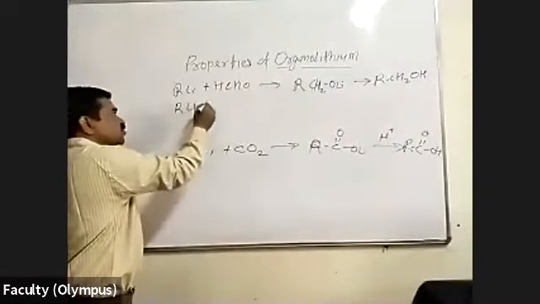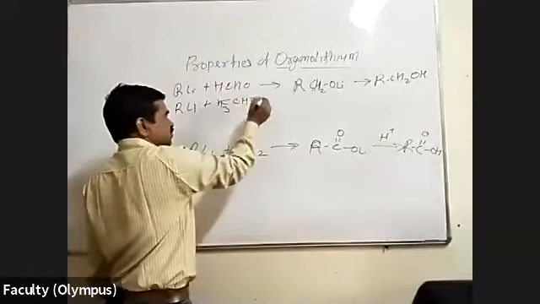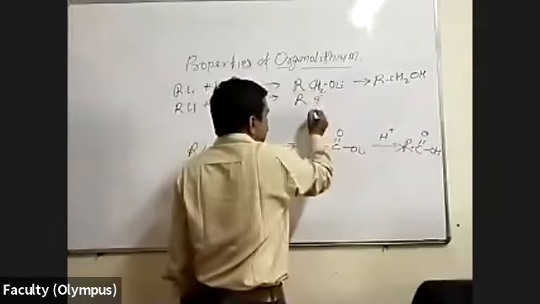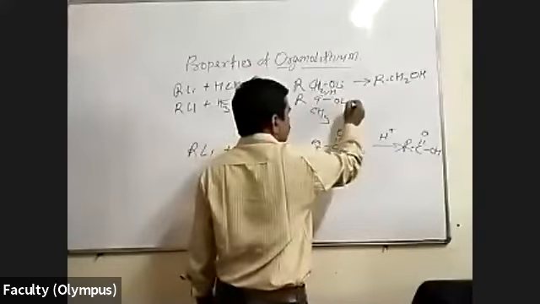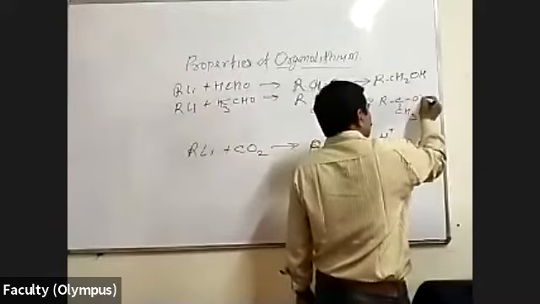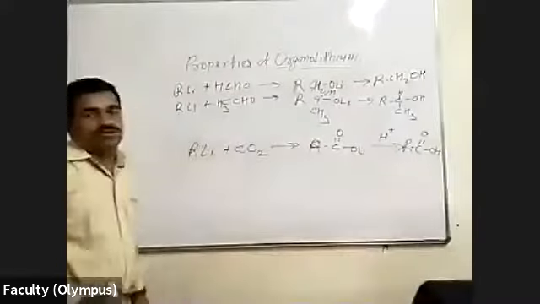When it reacts with an aldehyde other than formaldehyde, say acetaldehyde, we get R CH(CH3) OLi. After hydrolysis, we get R CH(CH3) OH, a secondary alcohol.